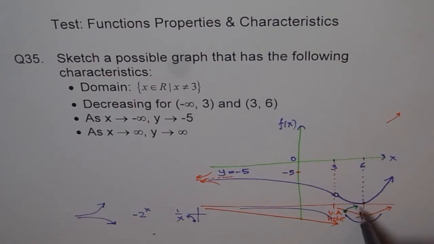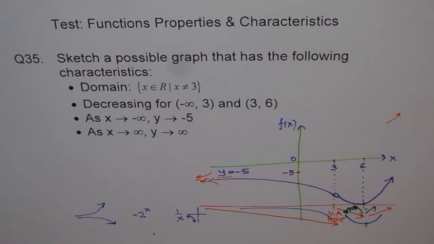What I'm trying to say is this function from here, not from there, you could have continued this on and then drawn that part, correct? So let me say this from here, and you could have continued that like this. Do you understand now? So that is what you could do, correct?